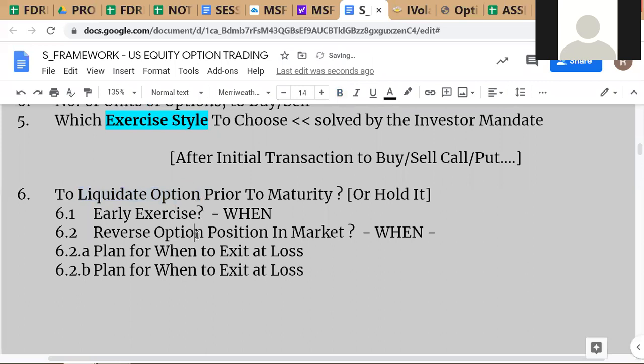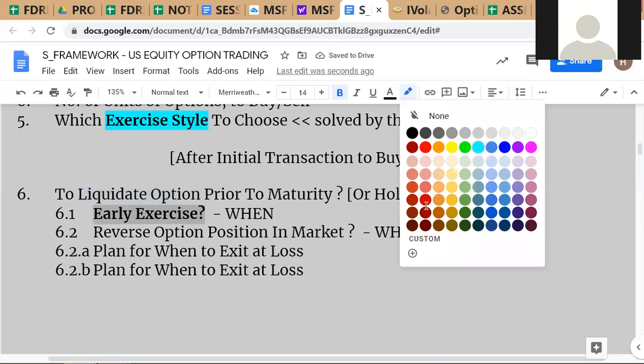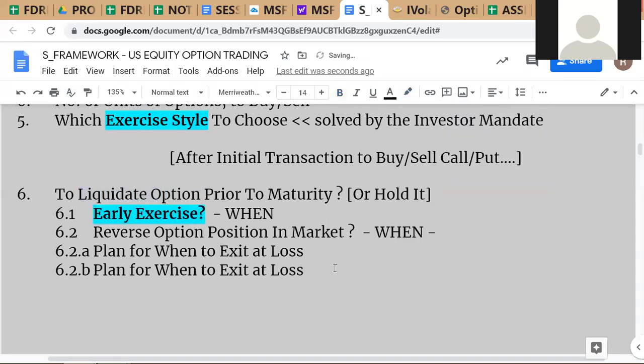So the question is early exercise. This is the real decision problem. This is what Siddharth was referring to. If you buy, especially if you have American style options, early exercise becomes a question. This problem will not exist in the case of European style options.